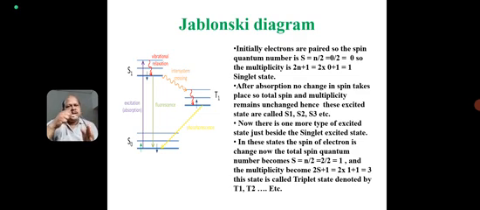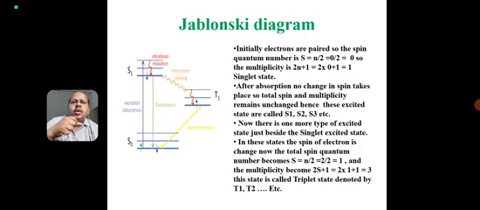You can see just beside the singlet excited state, in between S0 and S1 on the right-hand side of the diagram, there is one more excited state, which is little lower, that is the triplet state. Why? You can see the spin of the electron has changed.